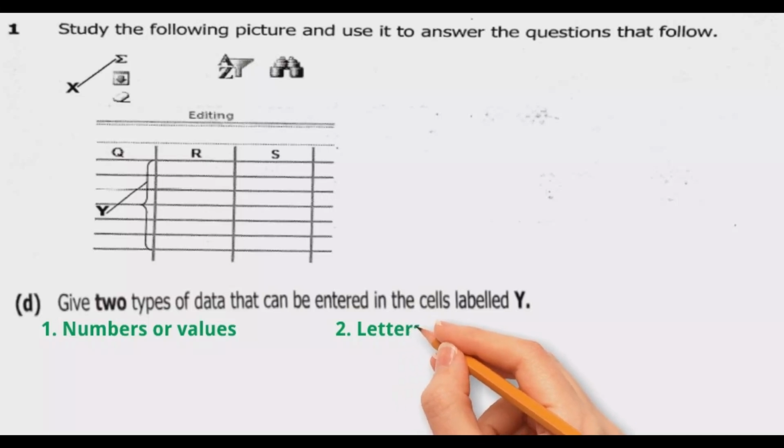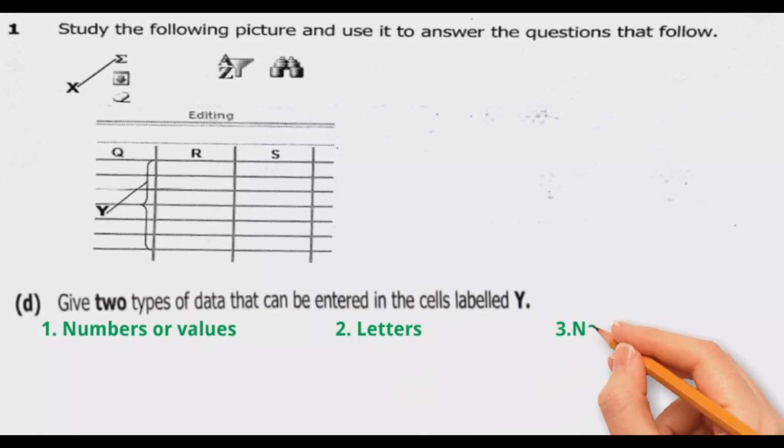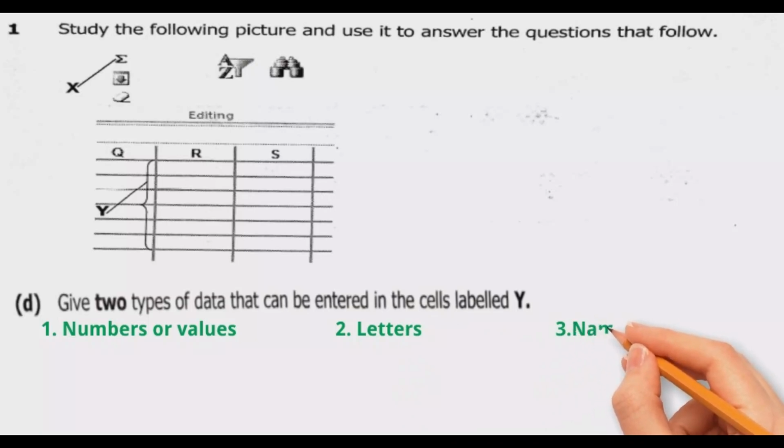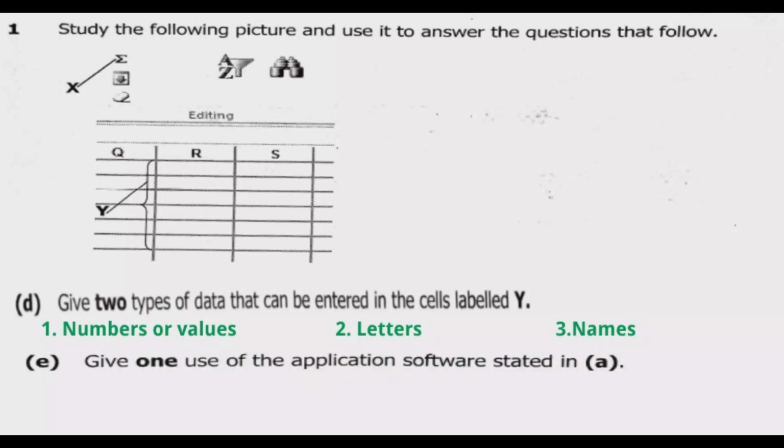We can also enter names or text or words. We can also enter labels there. So those are the things that can be entered in Y. You can pick two from those I've mentioned and write those are the things that can be entered in those cells.